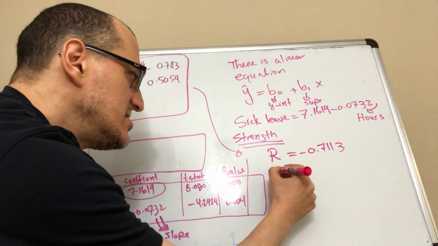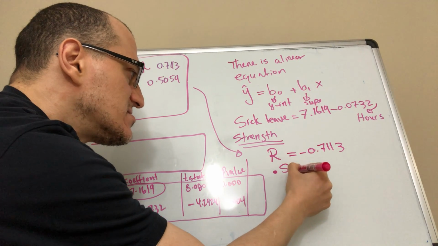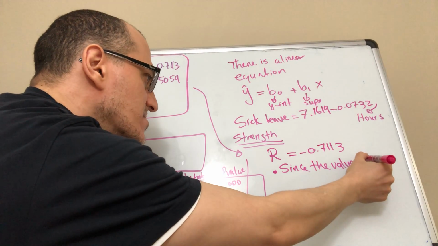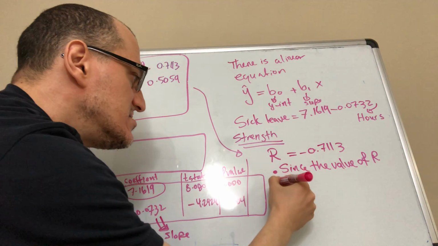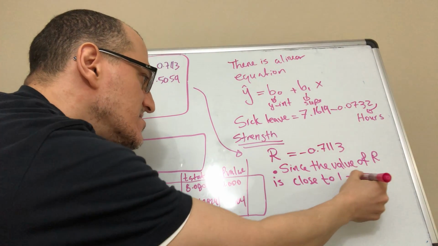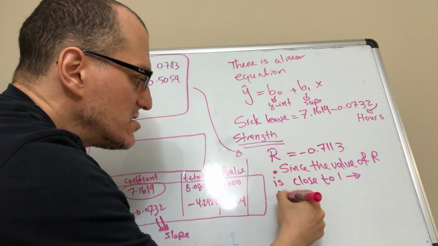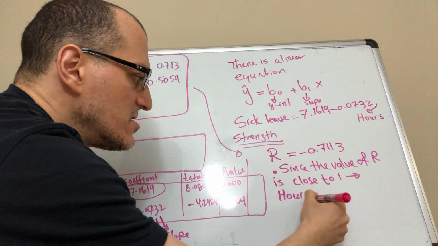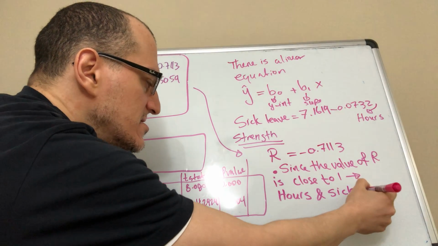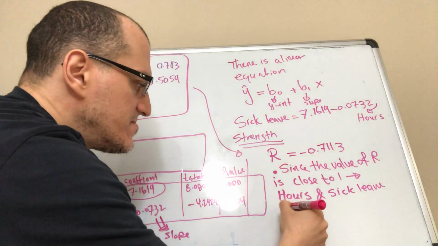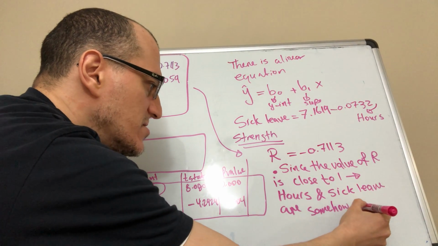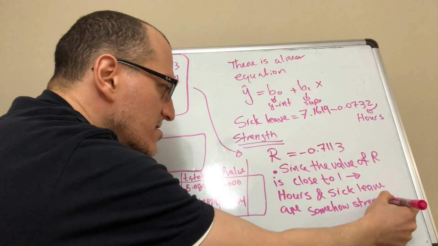So you say two things. Since the value of R is close to 1, hours and sick leave are somehow strongly related.